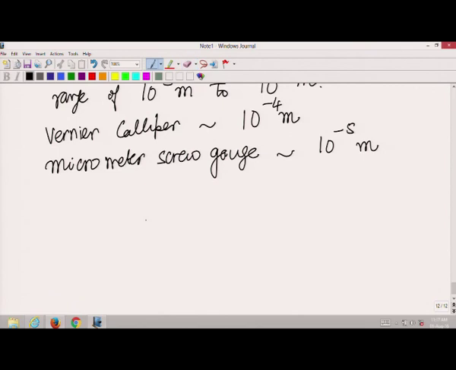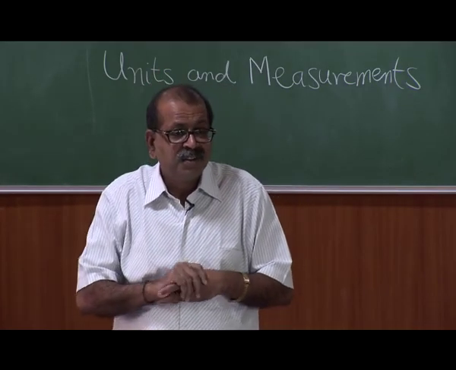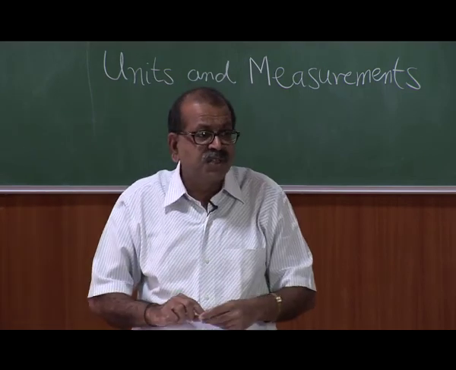Now, this was for the smaller lengths. If we have to measure large distances, clearly we cannot use a meter scale. Let us say we have to find the diameter of the moon. We can't use a meter scale, or we have to measure things at a distance.